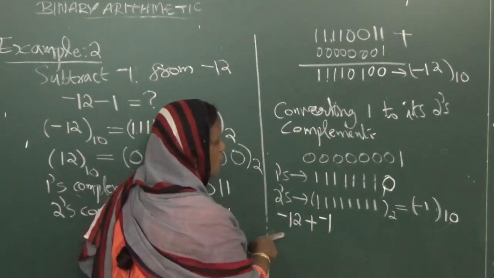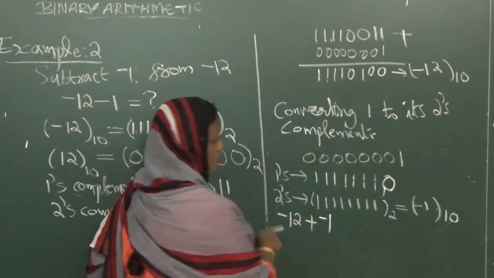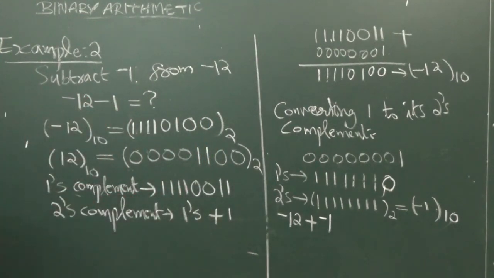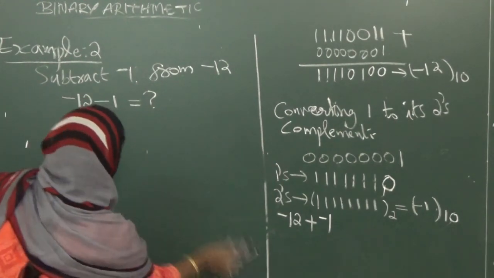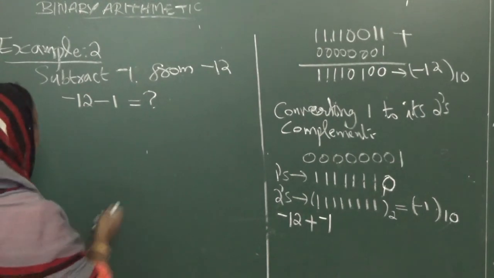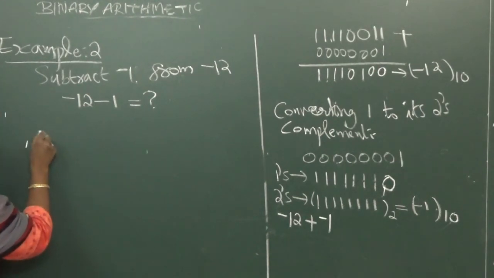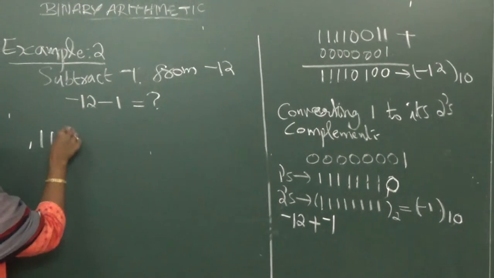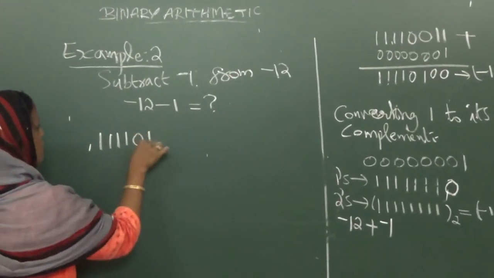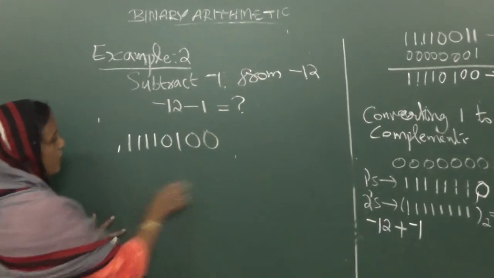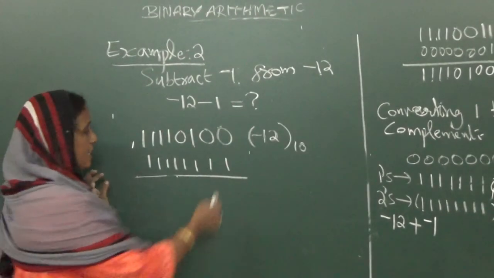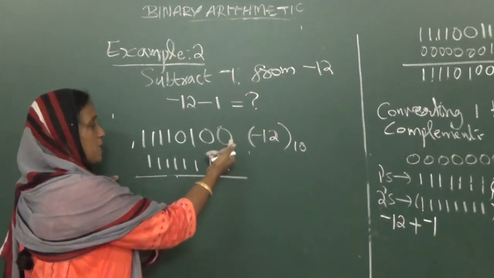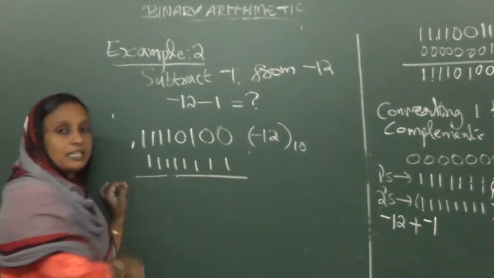Okay, so we have to perform this addition here. So 1 1 1 1 0 1 0 0. That means this is minus 12. So we can add these two numbers, minus 12 plus minus 1 here.